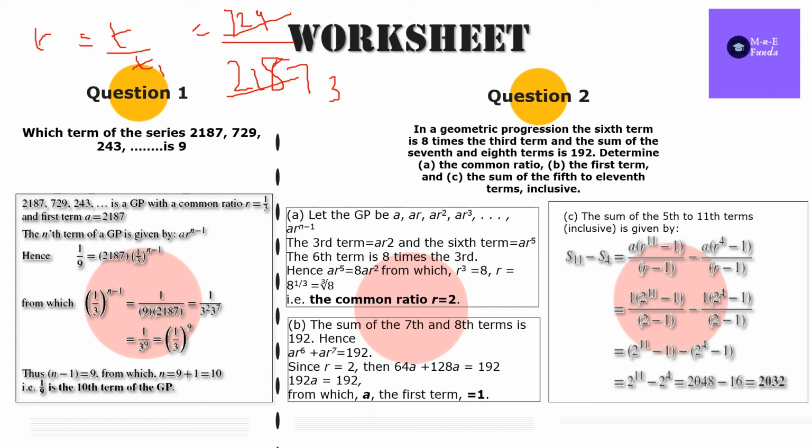So here the common ratio R equal to 1/3. Now put the value 1/3 and A, and you will get the number of terms. Here n equal to 10. So the 10th term will be 9.